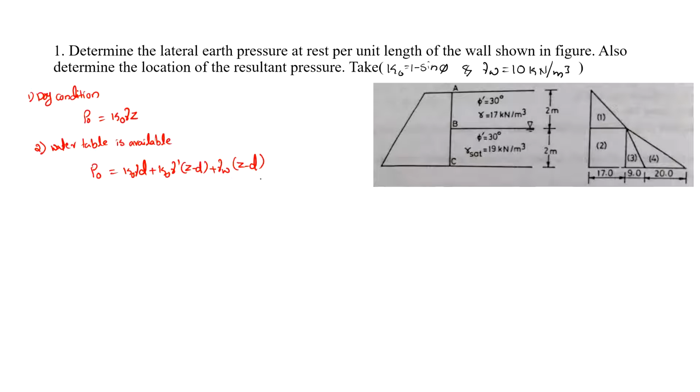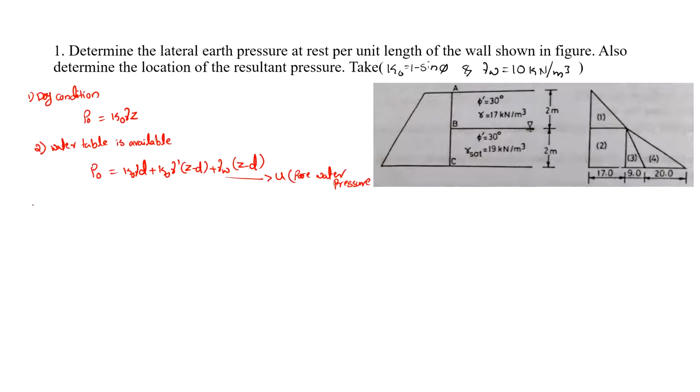Gamma W into Z minus D we denote with U, the pore water pressure.